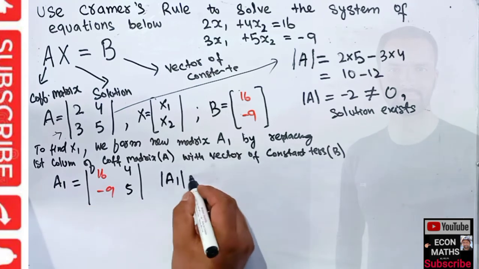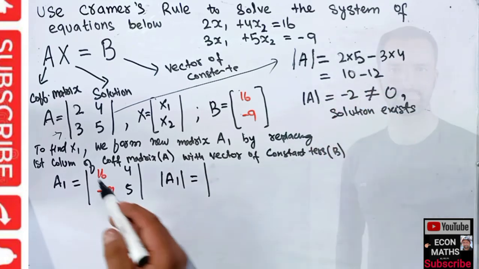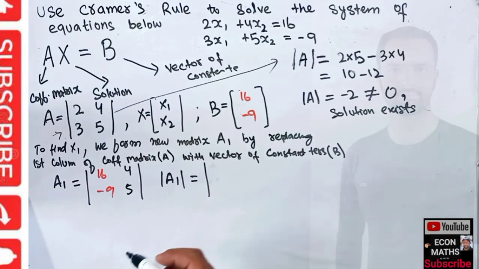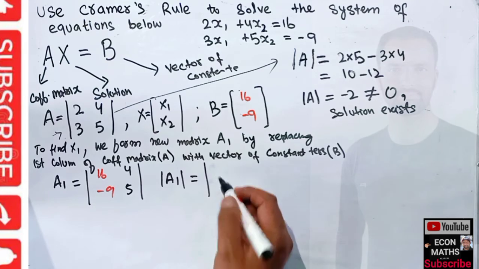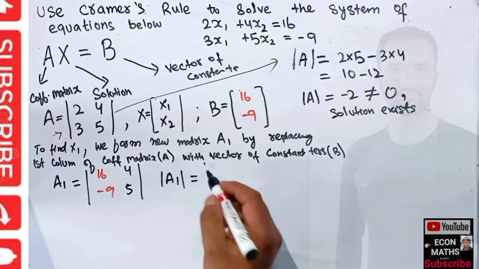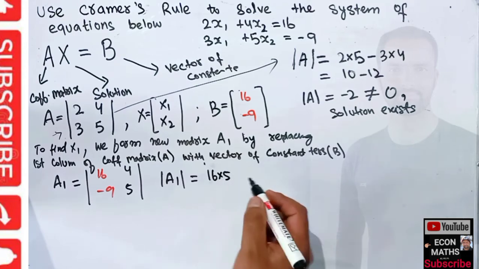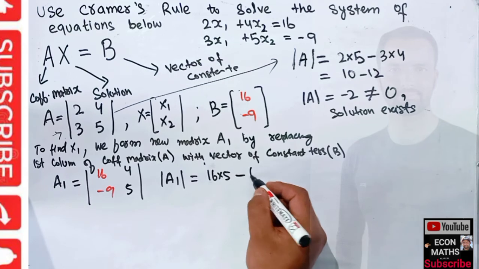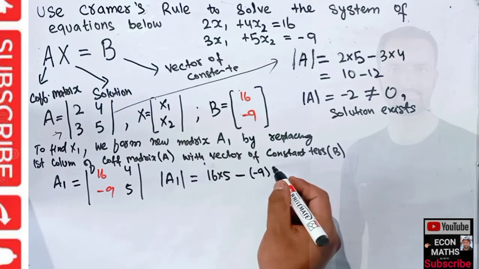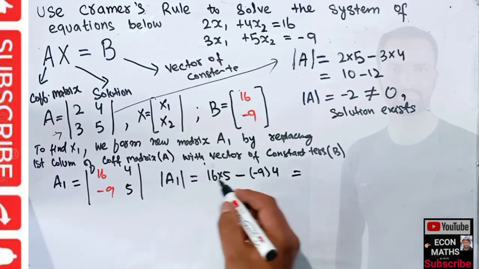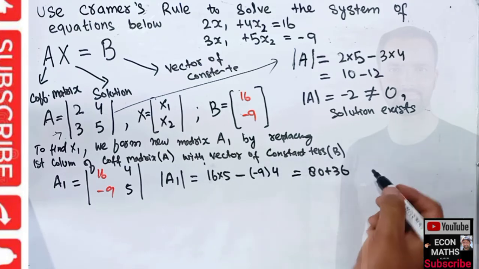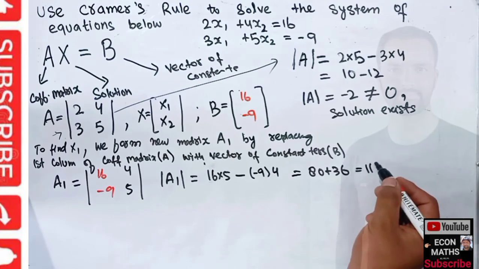The determinant of A1 would be, as we have shown here, 16 into 5, minus, from the formula, minus 9 into 4. So this comes out to be 16 into 5 is 80 plus 36, since 9 fours are 36, which comes out to be 116.